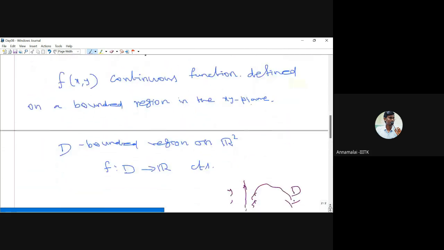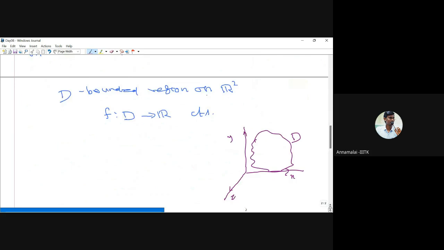So you find a suitable rectangle covering this D. Okay, and then we take a partition of this. If you draw the lines, you get small rectangles for each partition.